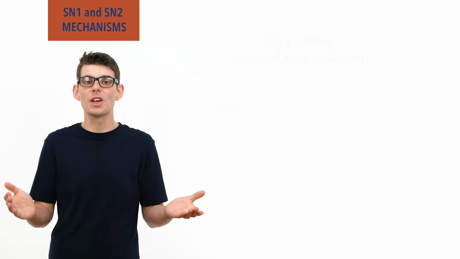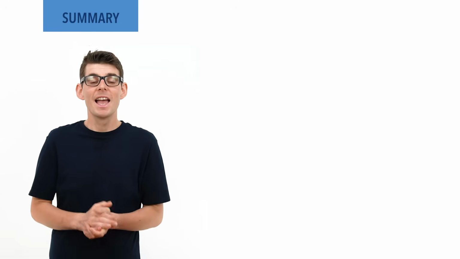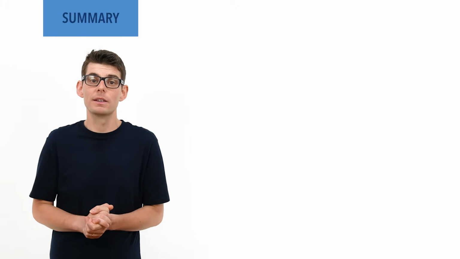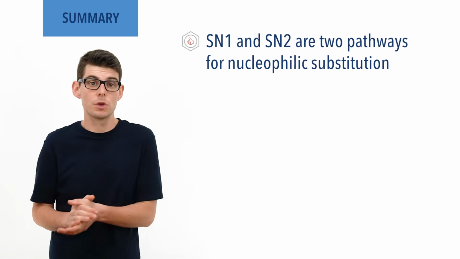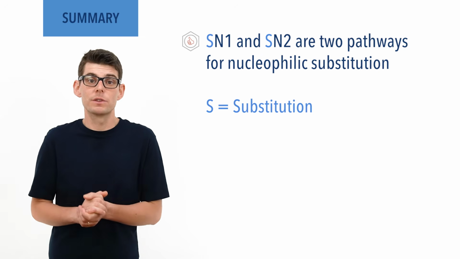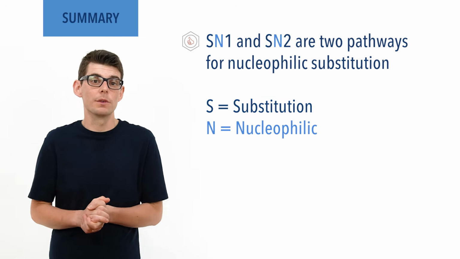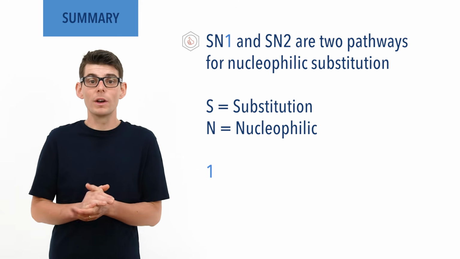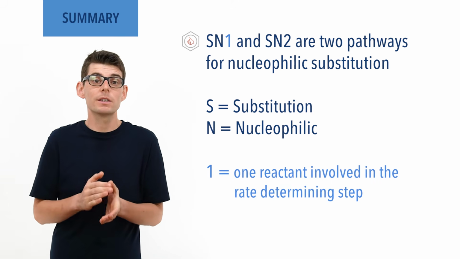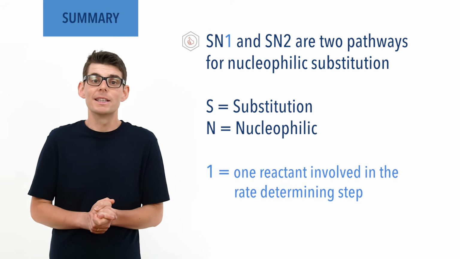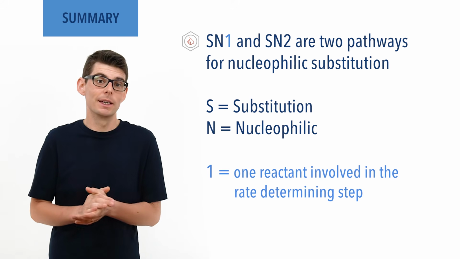So, to summarize, SN1 and SN2 mechanisms are two different pathways that can occur for nucleophilic substitution. The S stands for substitution and the N for nucleophilic. The number 1 in SN1 means only one reactant is involved in the rate determining step of the mechanism, and it is described as being unimolecular.